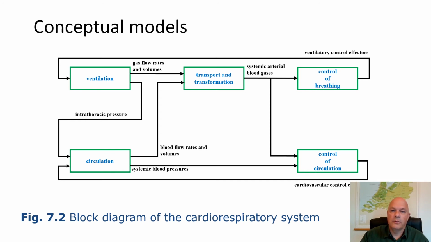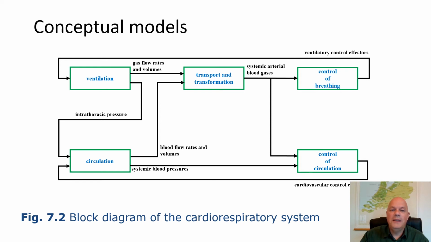And then we have the two main control loops as far as the cardiorespiratory system is concerned. Control of breathing, which mainly controls depth and frequency of breathing, and control of circulation, which actually controls a lot of different variables.